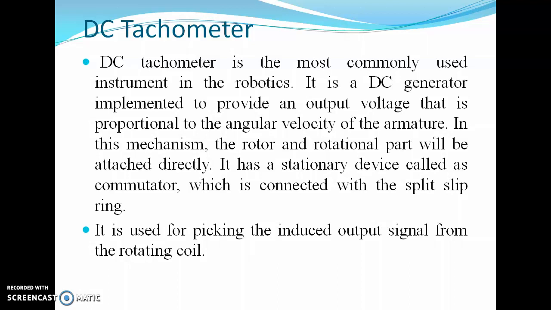In this mechanism, the rotor and the rotational part will be attached directly. It has a stationary device called the commutator, which is connected with the help of a split slip ring. It is used for picking the induced output signal from the rotating coil.